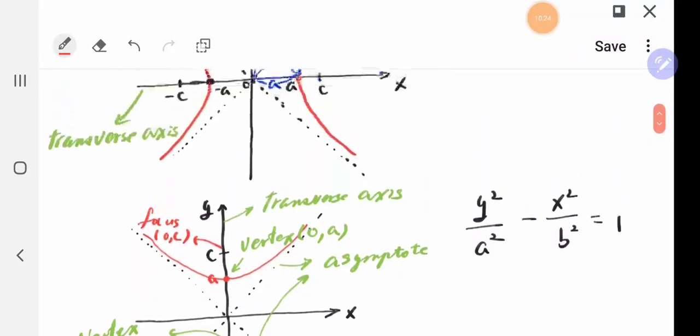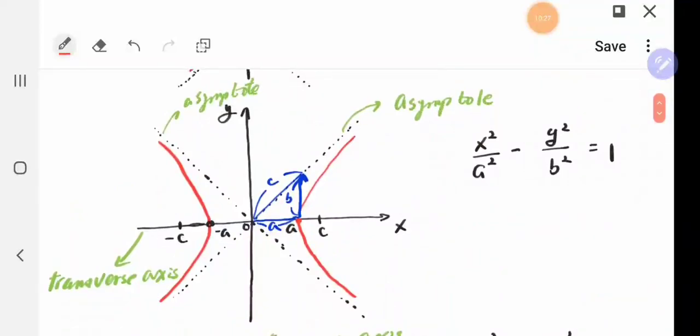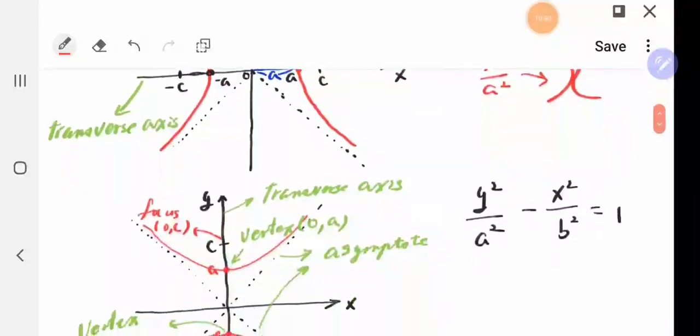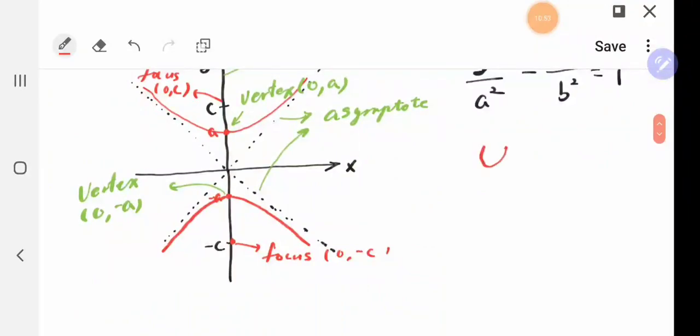Now, if x squared starts first in the equation, then we have a graph something like this. It looks like x. So x looks like this, right? If you scroll down, y looks like this. y starts with u, the shape starts with u, so the graph should be concave up and concave down.